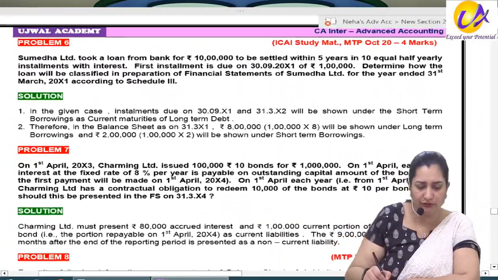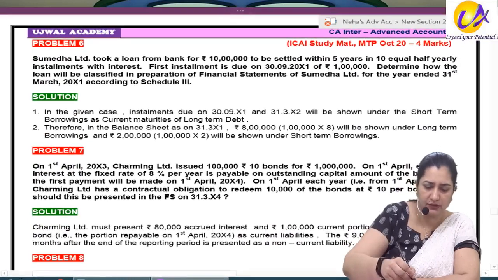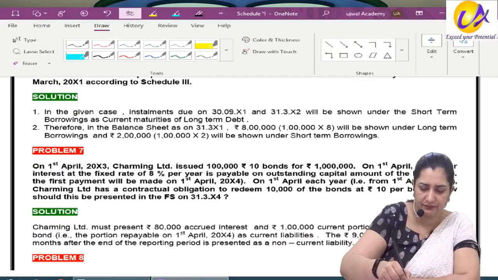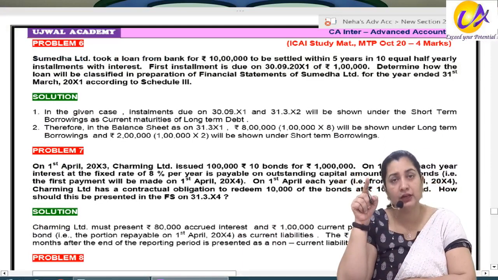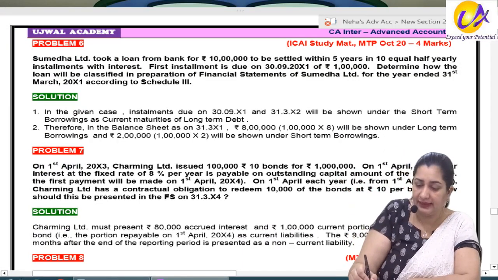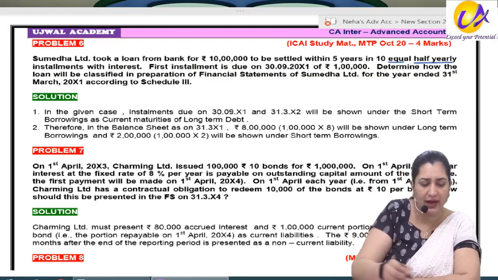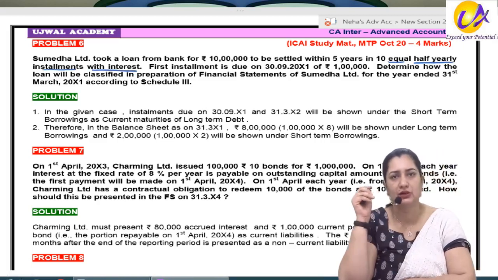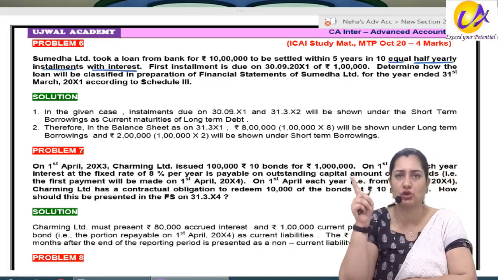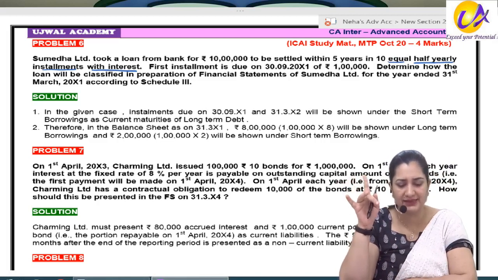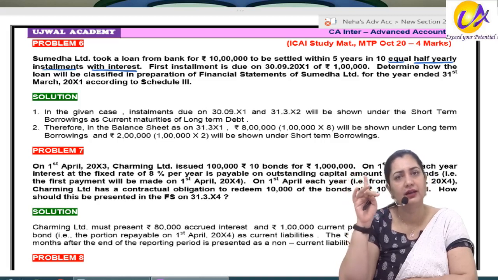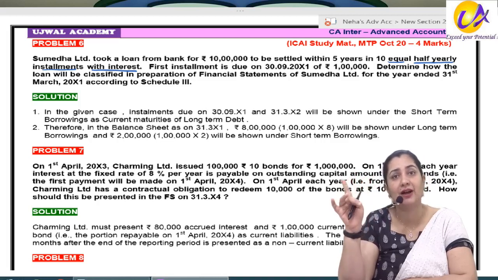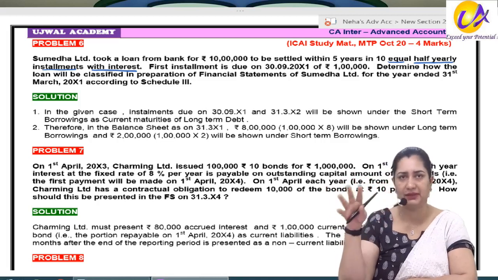They took a loan from bank for 10 lakh. Okay, so loan taken is 10 lakh. To be settled within 5 years in 10 equal half yearly installments with interest. So that means 10 installments, 10 lakh divided by 10, 1 lakh every half year, every 6 months, 1 lakh payable.